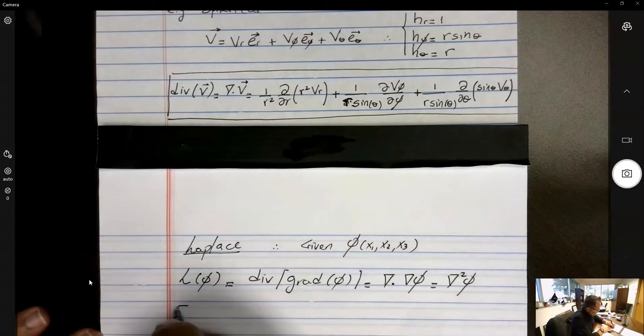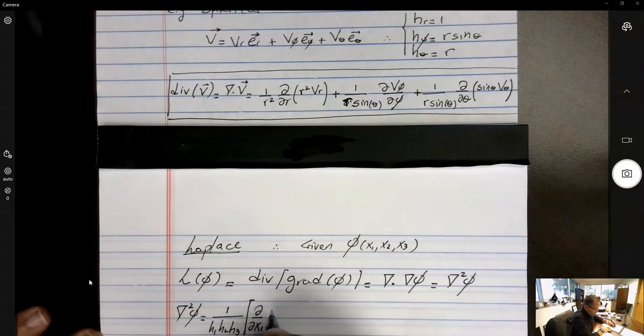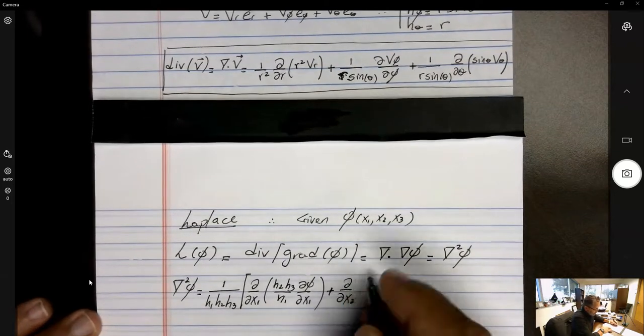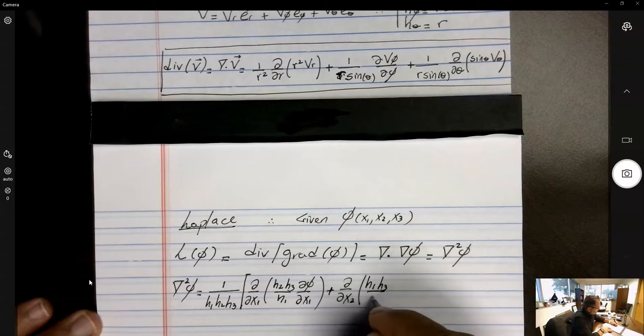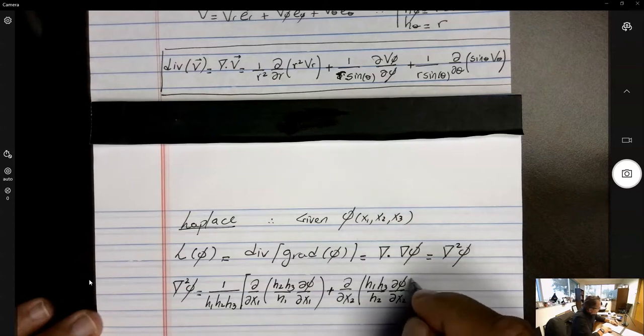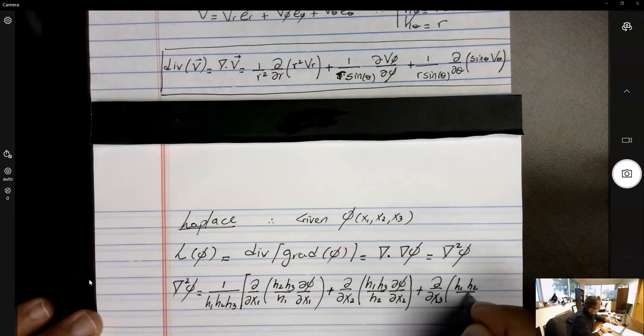The Laplace of phi is equal to 1 over h1 h2 h3 of the derivative with respect to x1 of h2 h3 over h1 d phi dx1, plus the derivative with respect to x2 of h1 h3 over h2 d phi dx2, plus the derivative with respect to x3 of h1 h2 over h3 d phi dx3.